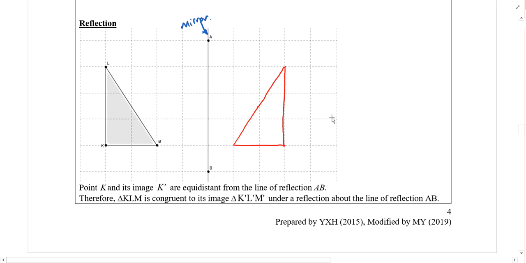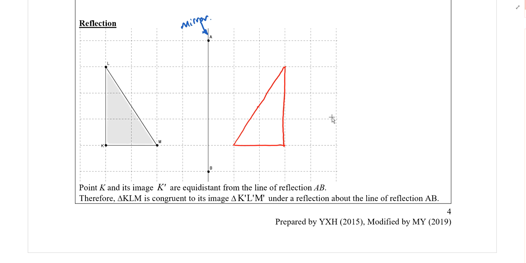Is this considered a mirror image? The one that is on my screen right now? Who says no, it is not? Who says I'm not sure? It looks like a mirror image. Okay, who thinks it is not a mirror? Who thinks it is a mirror image? Okay, majority of you got it correct.